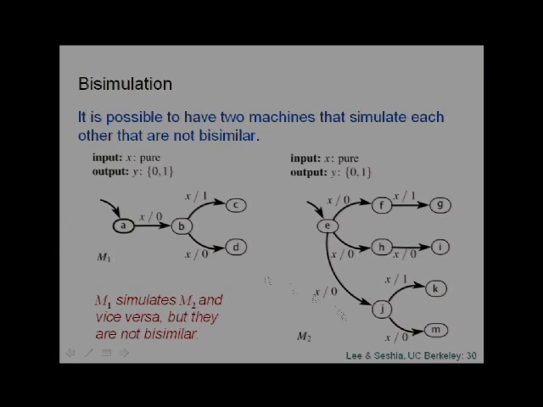So in this case, if I just look to reason about whether M1 can simulate M2 or M2 can simulate M1, that holds. But the question of bisimulation is a little bit different, which is for every step, one machine should be able to simulate the other, okay, and vice versa.